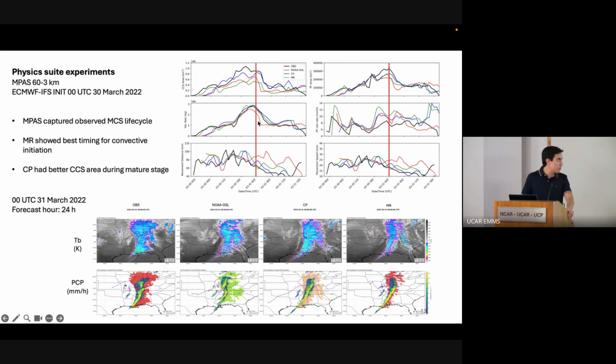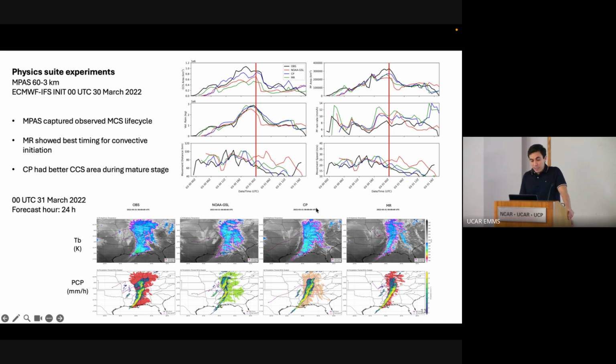So the NOAA-GSL scheme had less precipitation, but in general, the MR physics suite had a better agreement during the whole MCS life cycle, particularly to reproduce the convective initiation that is very difficult. And also both CP and MR had a better agreement in terms of MCS propagation.